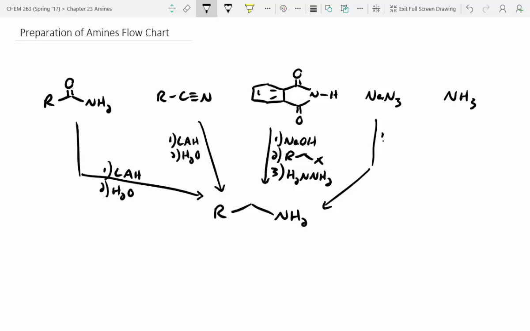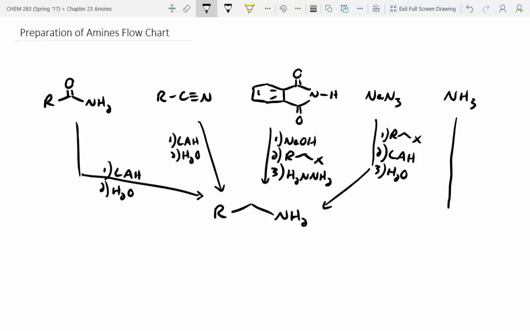You need your alkyl halide, and then what? Does anybody remember the next step? And we do lithium aluminum hydride and water.